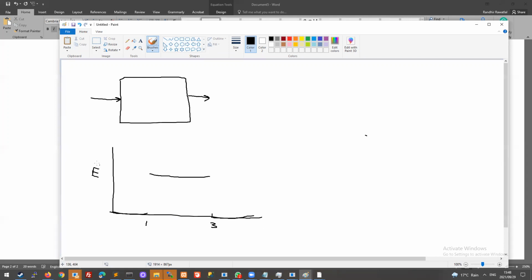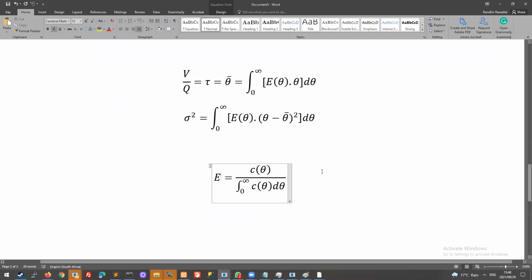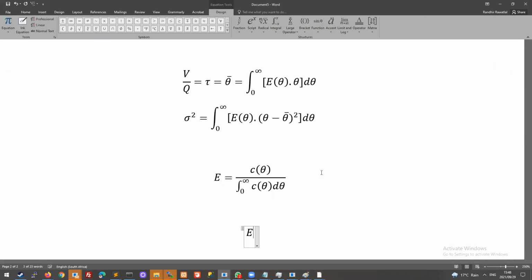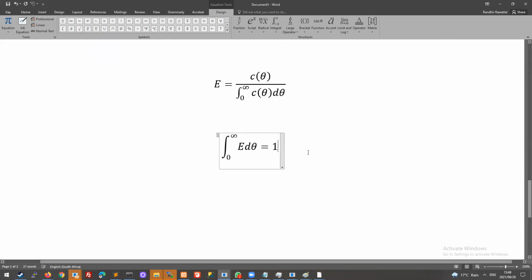And now we do know something about E of theta. The area under E of theta must be 1. So the integral from 0 to infinity of E, if you integrate over the whole function, it must be 1.